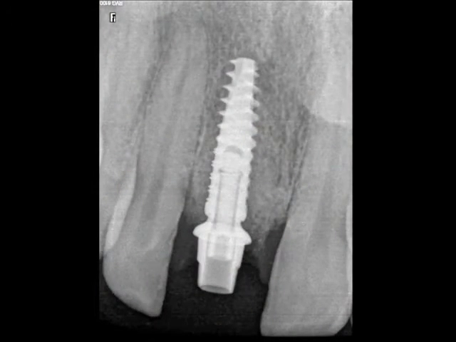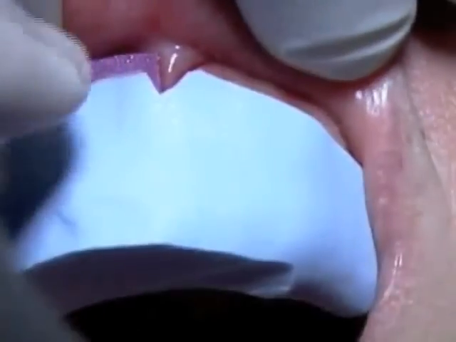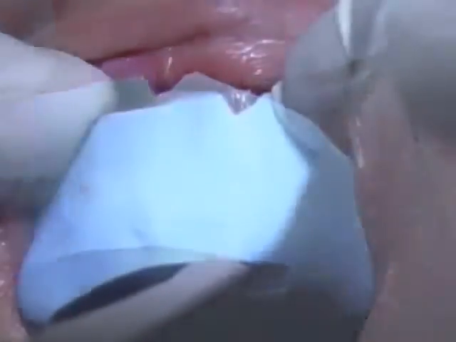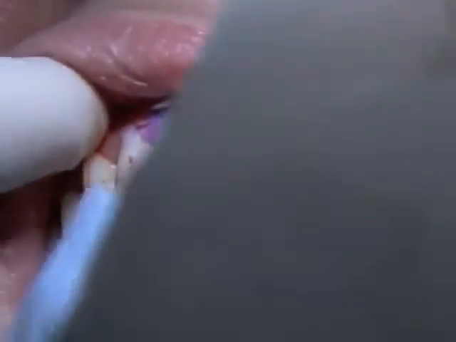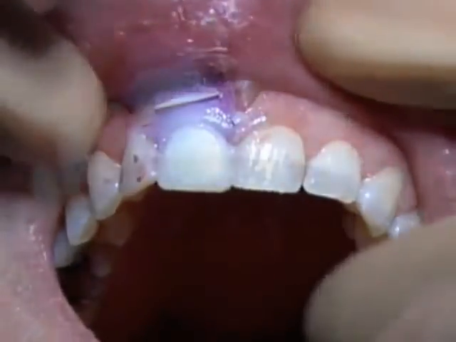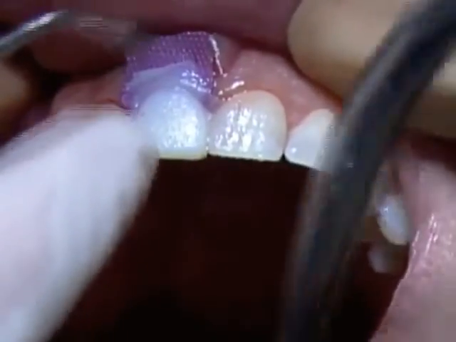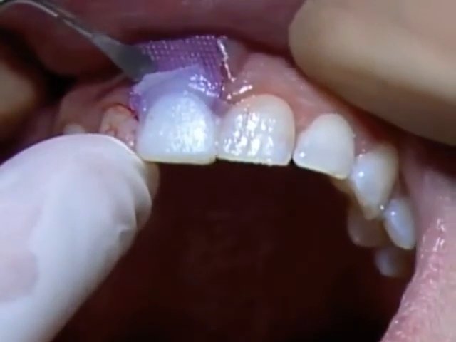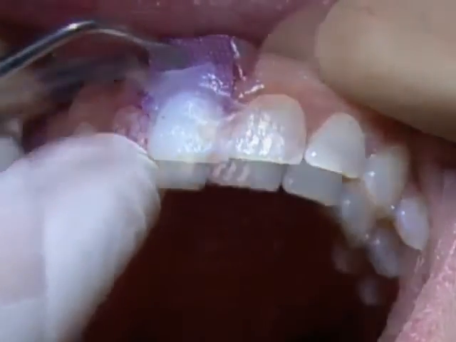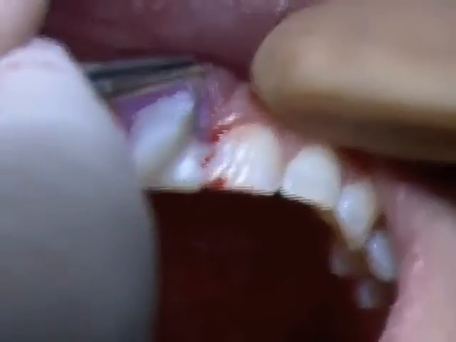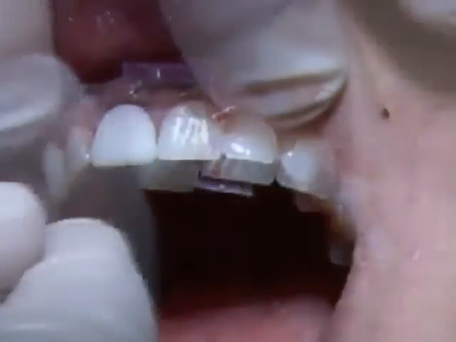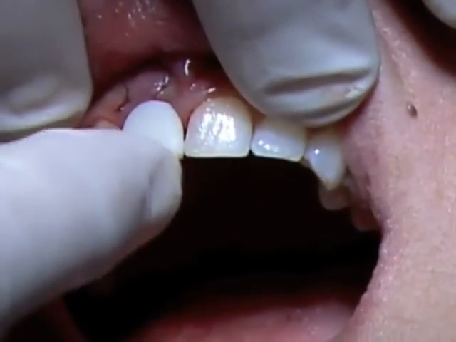This is the final radiograph where we see the 13 mm TECA implant, and finally we will use a silicone index in order to fabricate the first provisional restoration from her initial situation. We used a very light color material in order to highlight the contours of the provisional.